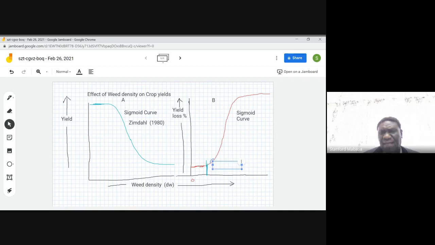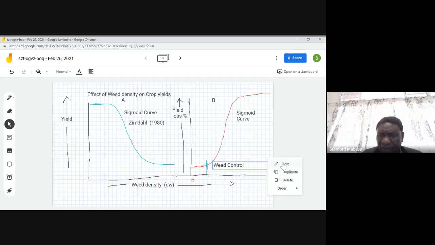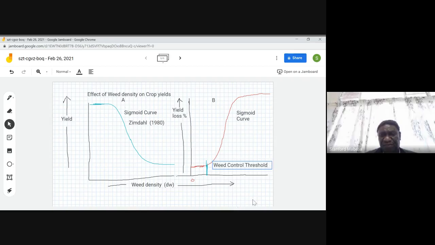They called this density the weed control threshold.